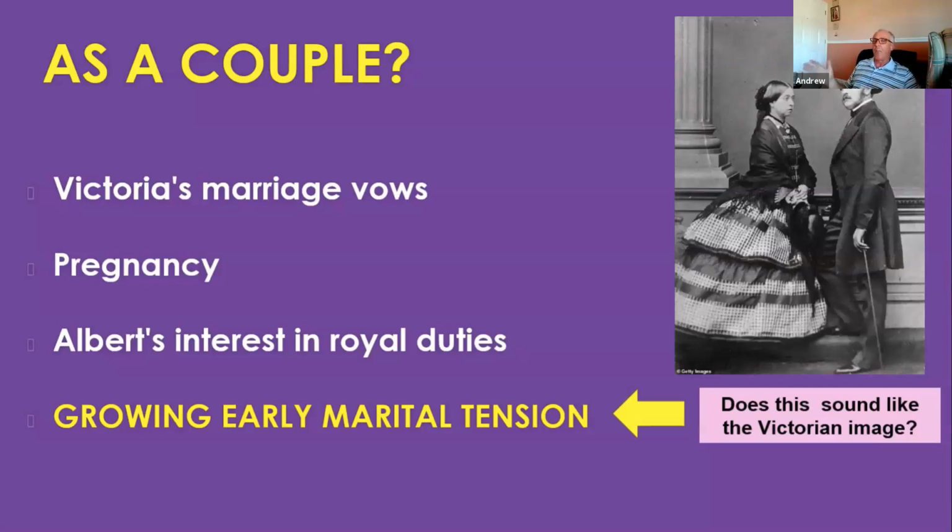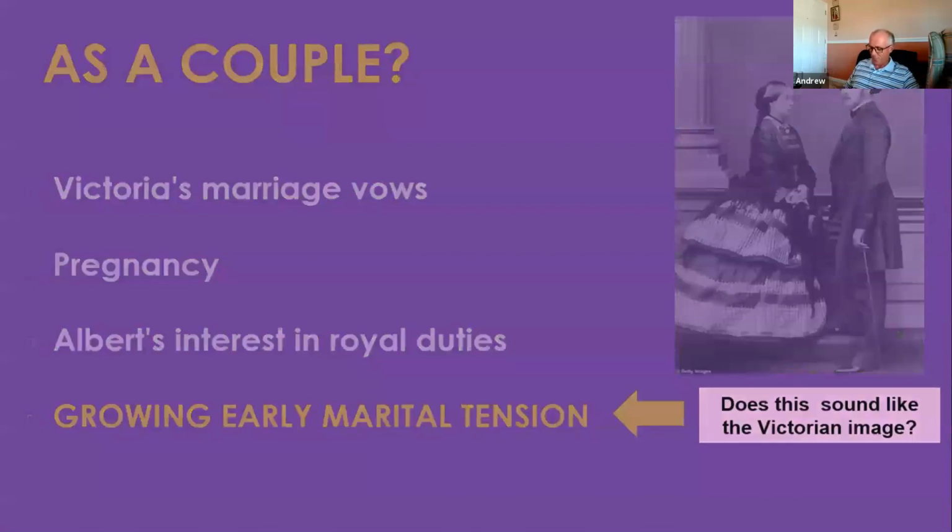Instead of Albert walking in behind her, Albert can enter the room at the same time as Victoria, so that there they are with the government minister entering the room at the same time. I know it all sounds kind of silly and trivial to 21st century listeners, but that's the 19th century world.